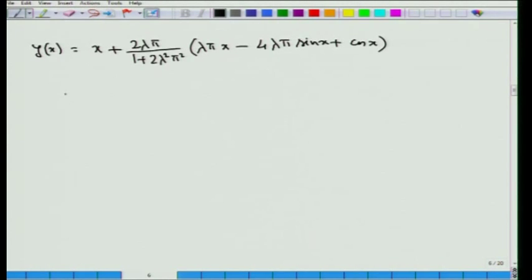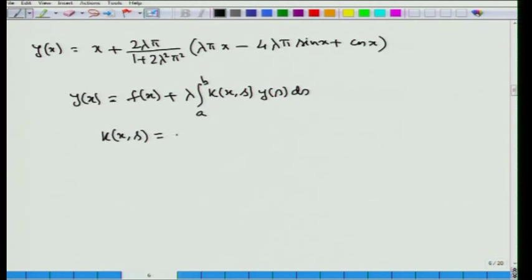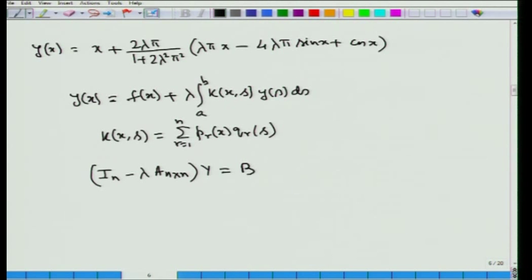For that purpose we recall that the given integral equation y(x) is equal to f(x) plus lambda integral a to b k(x, s) y(s) ds, where k(x, s) is a degenerate or separable kernel of the form sigma r running from 1 to n p r(x) q r(s), can be converted into a system of linear equations given by (I n minus lambda A n cross n) multiplied with y, that is equal to capital B.